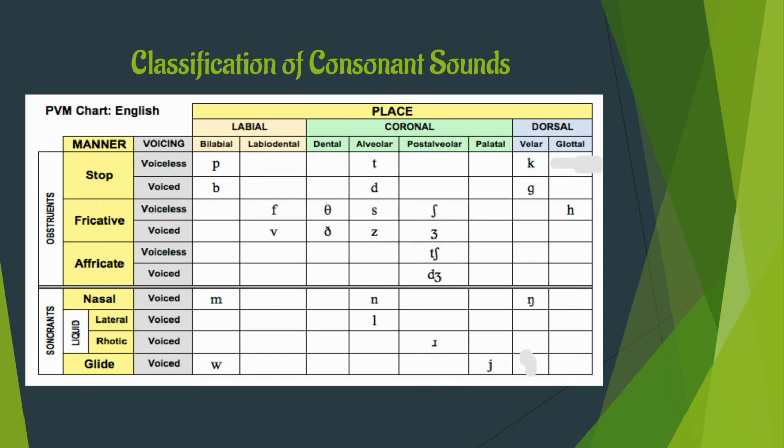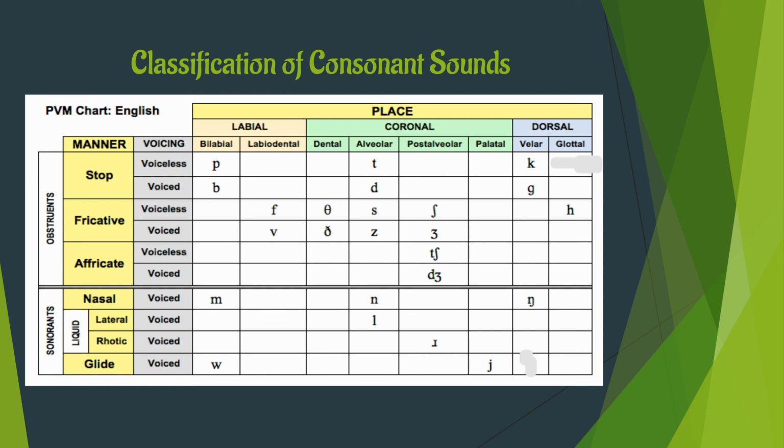So remember, if I ask you what are the voiceless fricatives, you have to say the 5. One is f, the next s, next sh, and the last h. And what are the voiced fricatives? 4 are there: th, z, j.